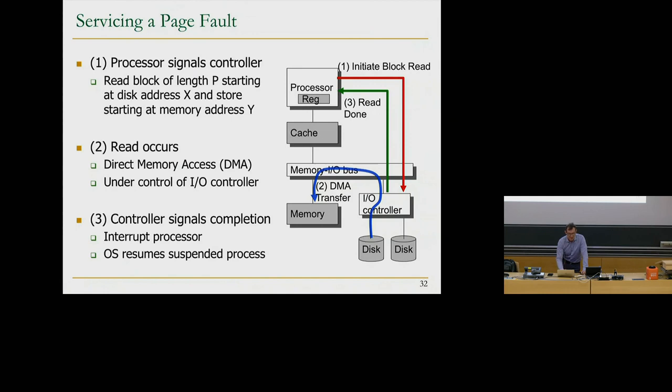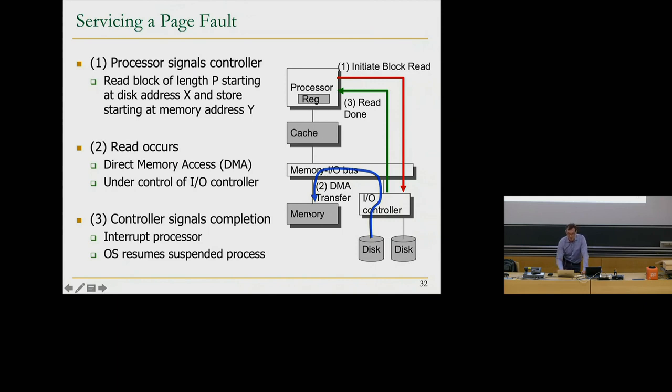So the operating system actually handles this through the processor. That's the initiate block read part. And a read occurs from the disk, SSD, whatever you have. The I/O controller handles that. In today's systems, there's a direct memory access engine, which ensures that the data doesn't go through the processor, but gets transferred directly from the disk into the memory. This is called direct memory access.